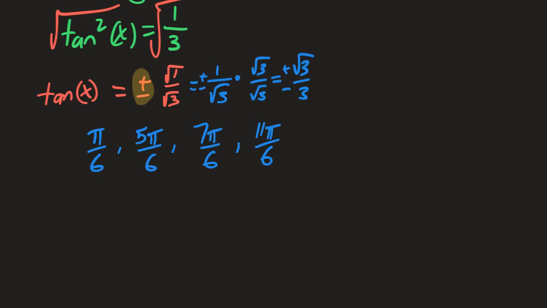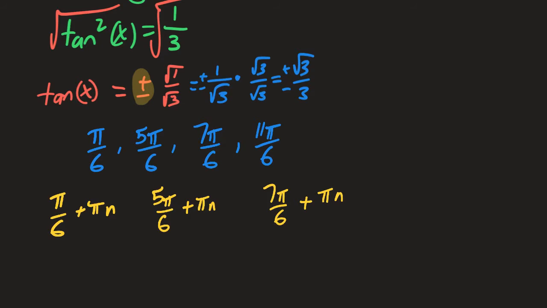And let's go ahead and add that plus pi n to the end of these. So pi over 6 plus pi n, 5 pi over 6 plus pi n, 7 pi over 6 plus pi n, and 11 pi over 6 plus pi n.